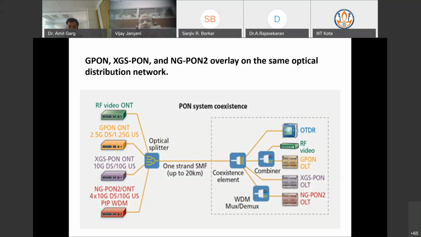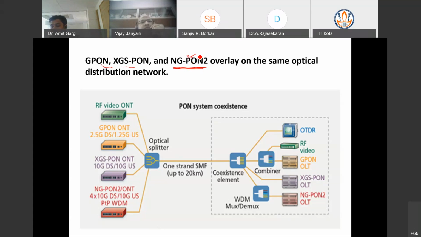As I mentioned here, because they are using different frequency bands, GPON, XGS-PON and NG-PON2 were designed deliberately by the researchers, when they were trying to find a new standard, so that these wavelengths do not overlap. They wanted backward compatibility also.